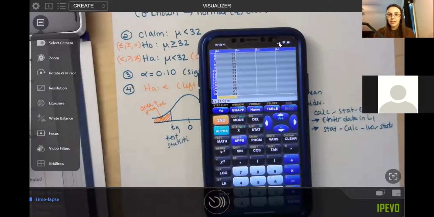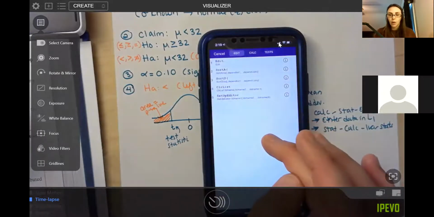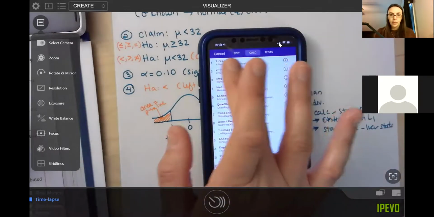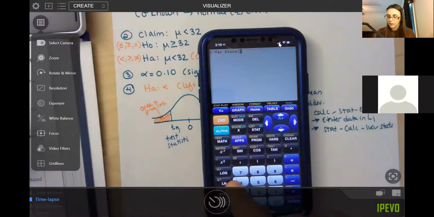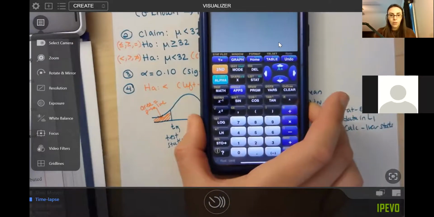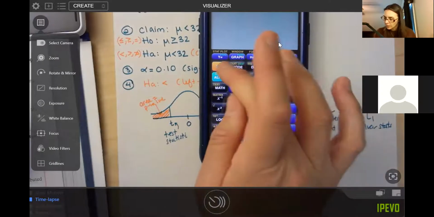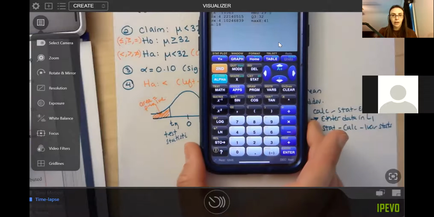And once your data set is in there, then you're going to press that stat button again. Go over to calc up top. Hit the one var stats key. And then you can enter L1 here. So my L1 is right down here. So I do second one, and then I hit enter. And I'll be able to get those key values.